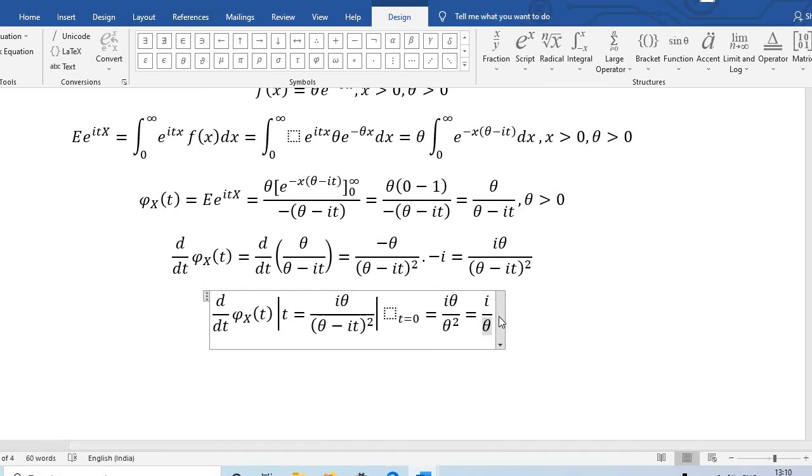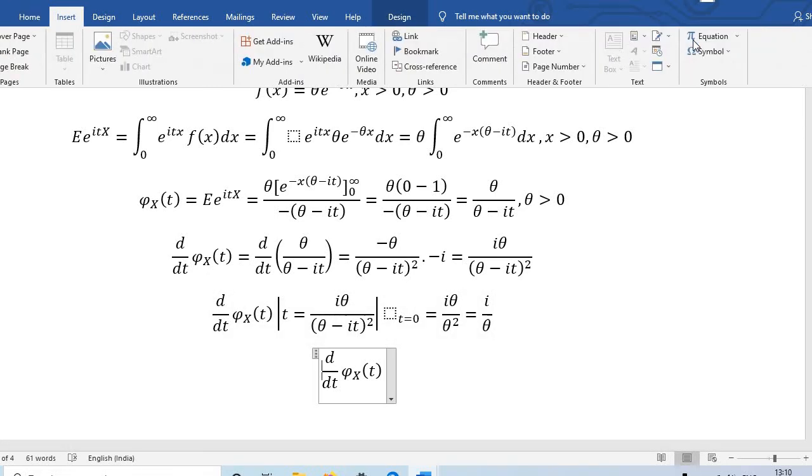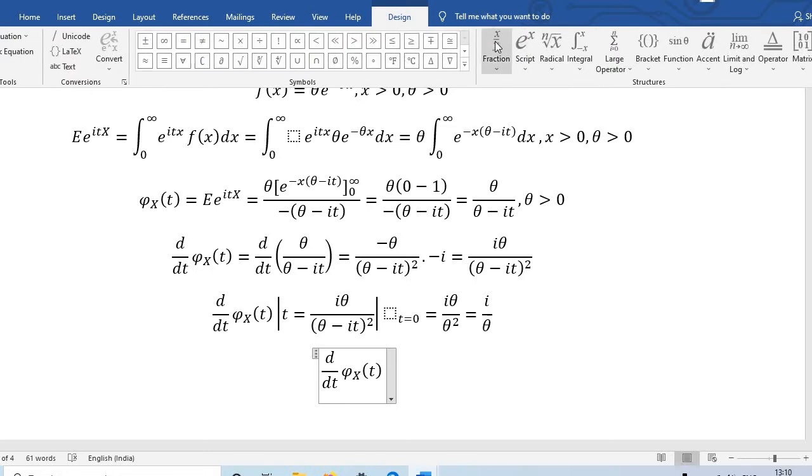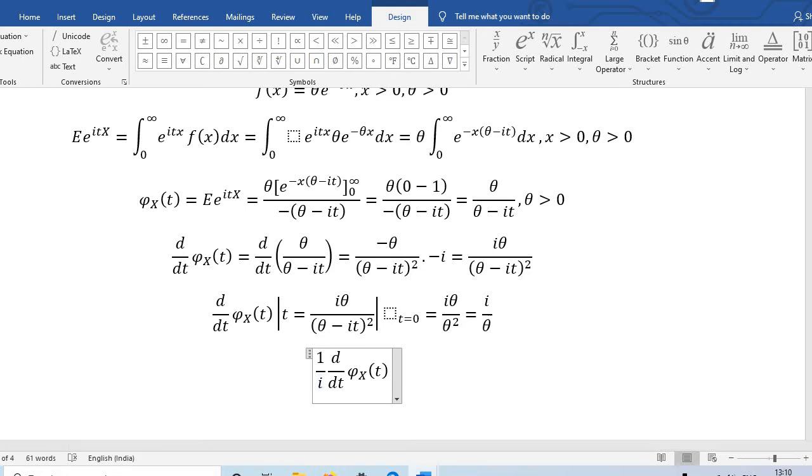So what will be, let us bring it to the left side. Then 1 by i into d by d theta of phi x of t equals 1 by theta.